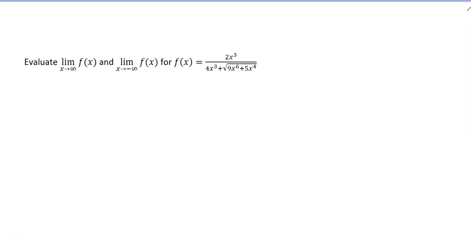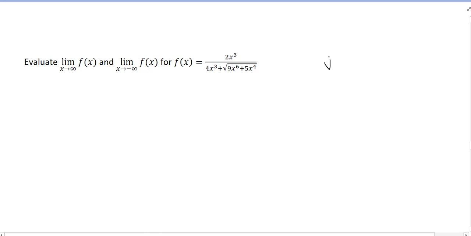So here we're still going to identify our highest power that appears in the denominator. At first glance, you might think, oh, it's x to the 6, but that x to the 6 is inside the radical, right? So then what is it really?